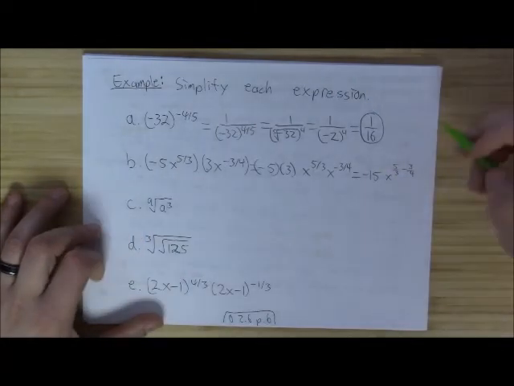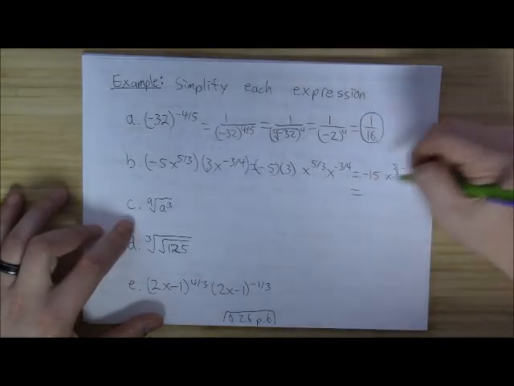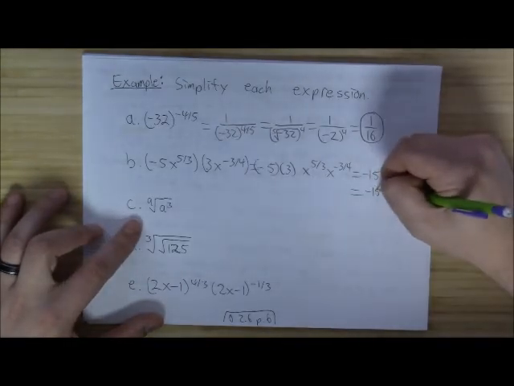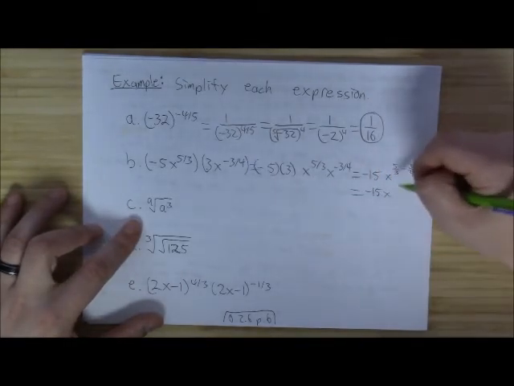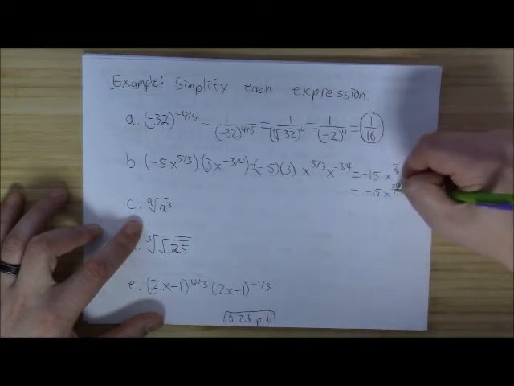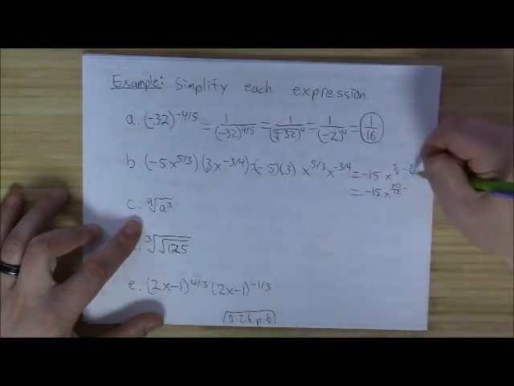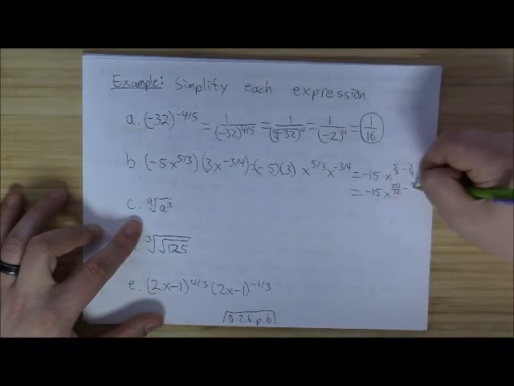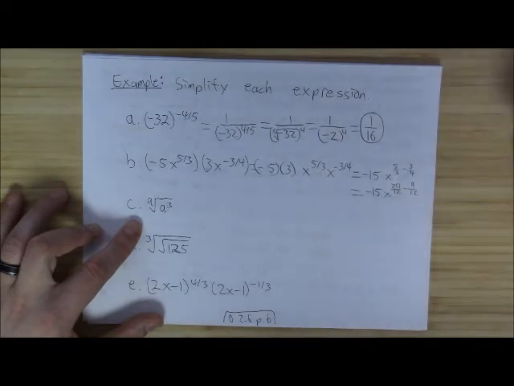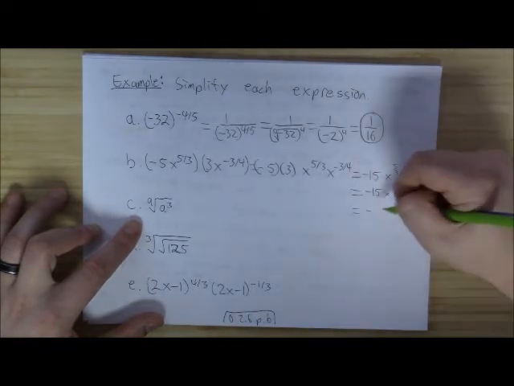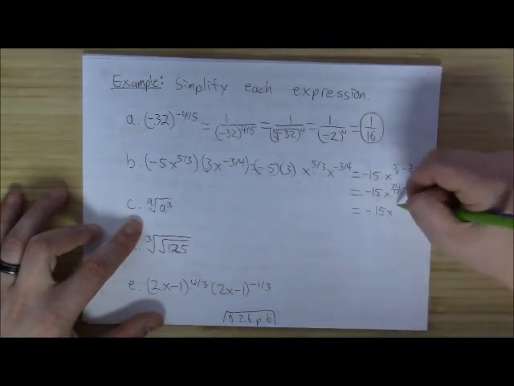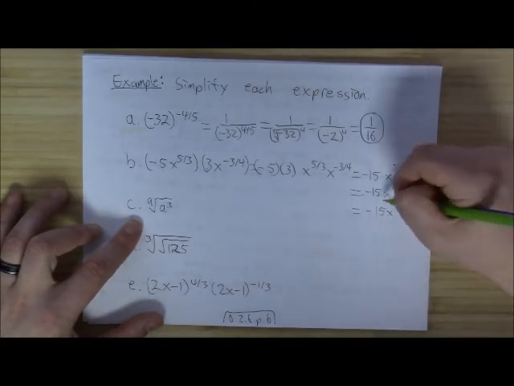Of course, these don't have a common denominator, so we need to get a common denominator. 12 works splendidly, so multiply top and bottom by 4. 20 over 12 minus multiply top and bottom by 3. 9 over 12. 20 minus 9 is 11, so we have negative 15x to the 11 over 12.